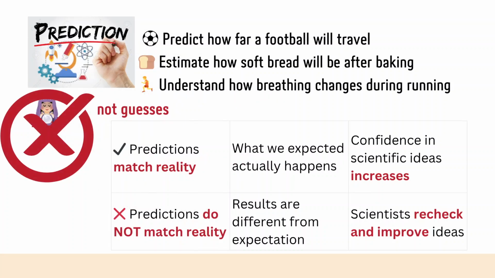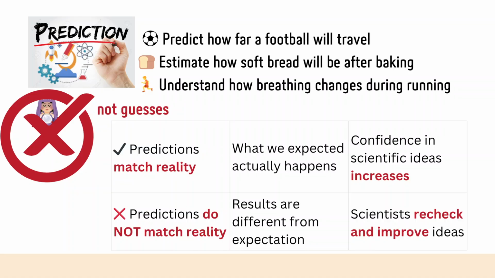One of the greatest strengths of science is its ability to make predictions. Using laws, theories, and models, scientists can predict what may happen even before an experiment is performed. Using ideas of motion, we can predict how far a football may travel.